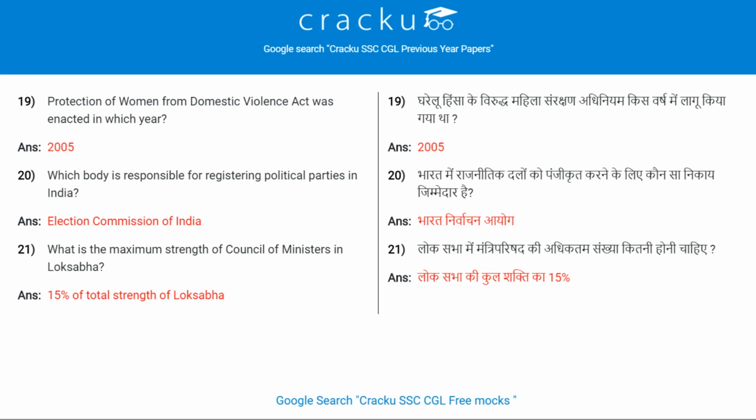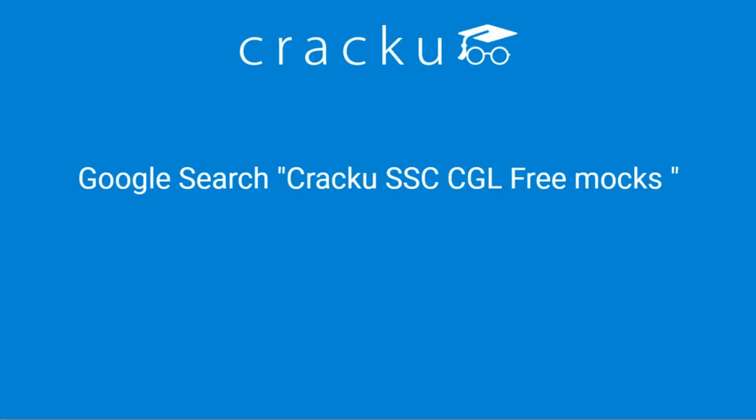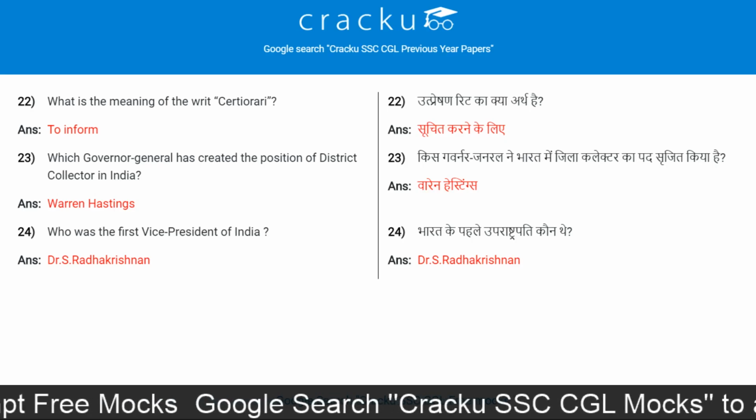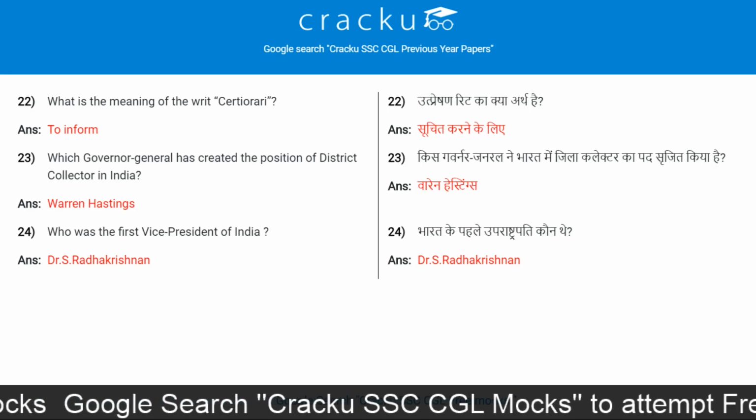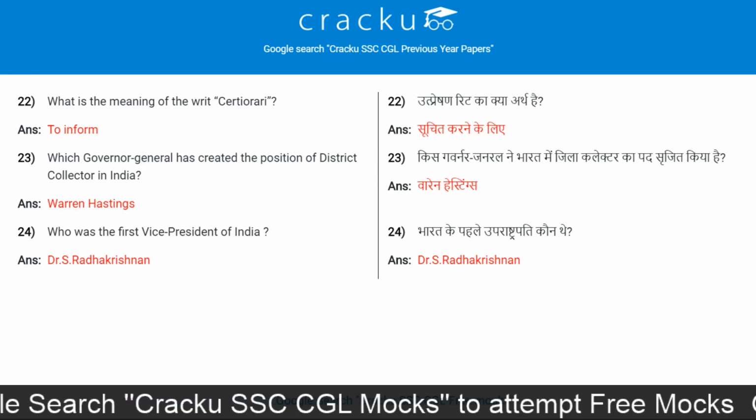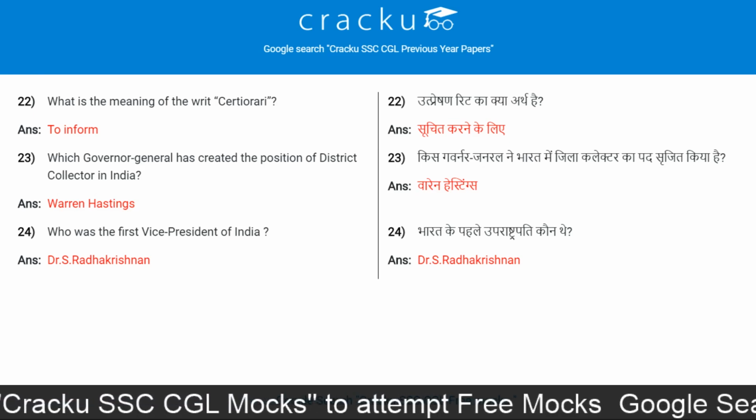What is the maximum strength of Council of Ministers in Lok Sabha? 15% of total strength of Lok Sabha. What is the meaning of the writ certiorari, which means to inform?